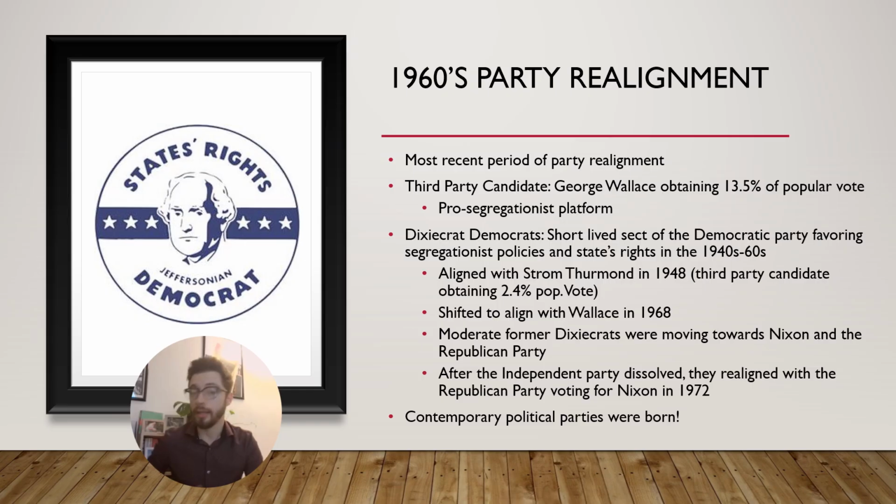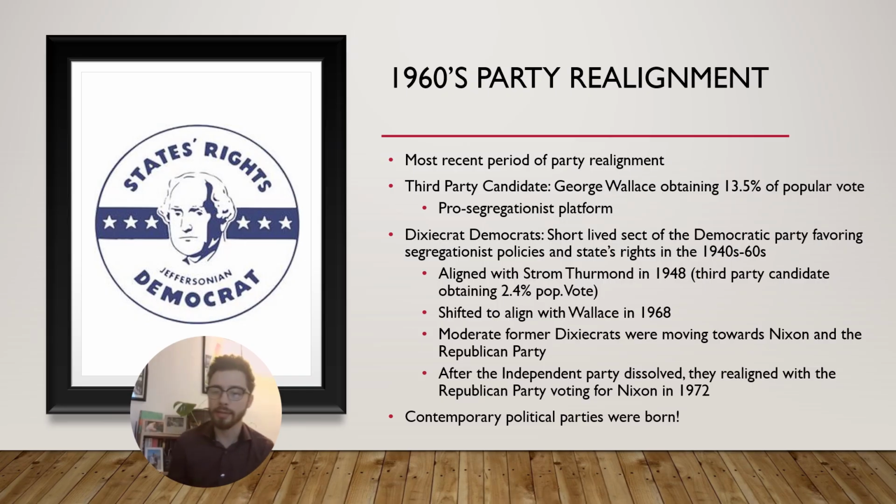Now, after he lost the election and later did not try again to run for president, we see those 13.5% of the general population realigning within the Republican Party when they previously were known at large as Dixiecrat Democrats by some political scientists.